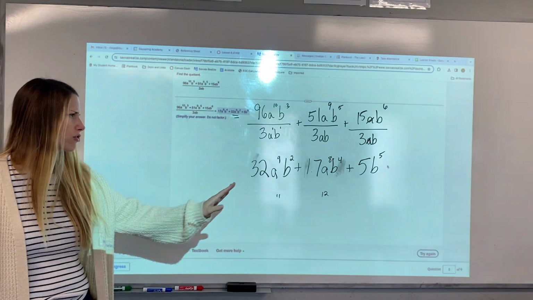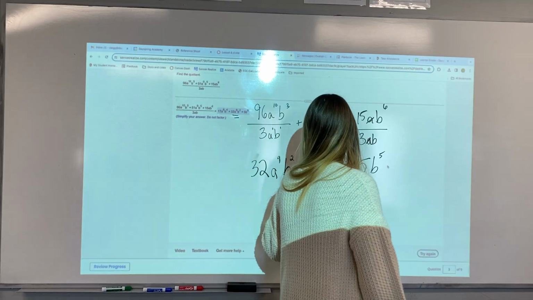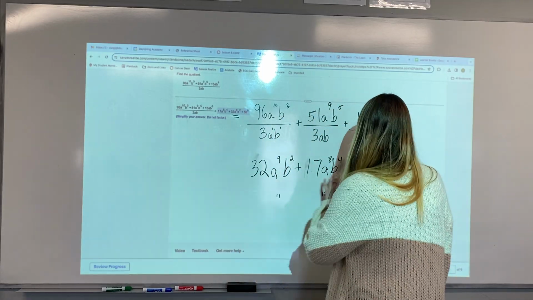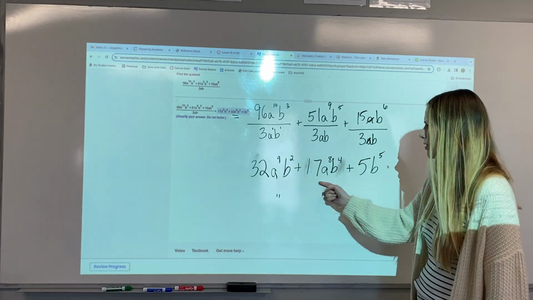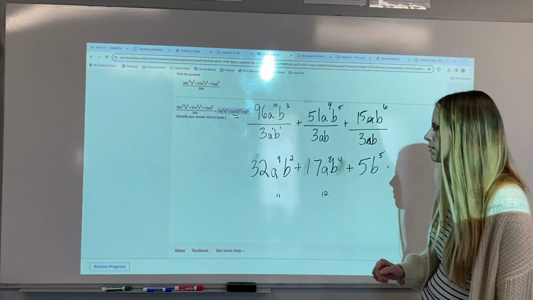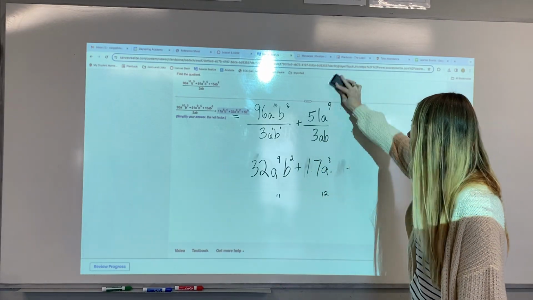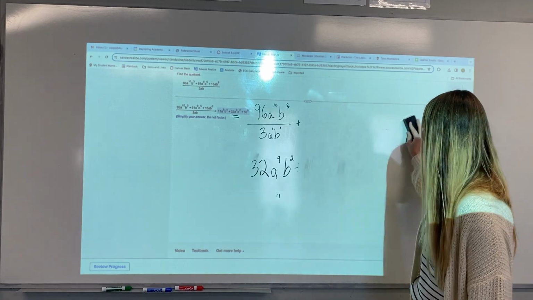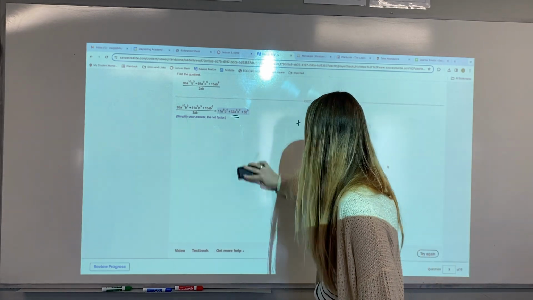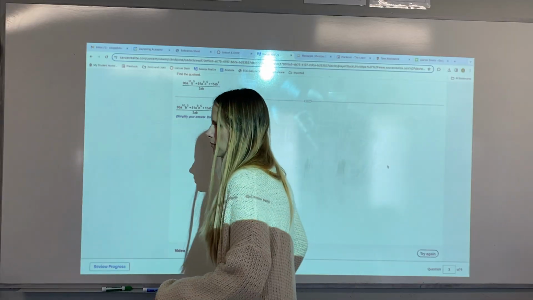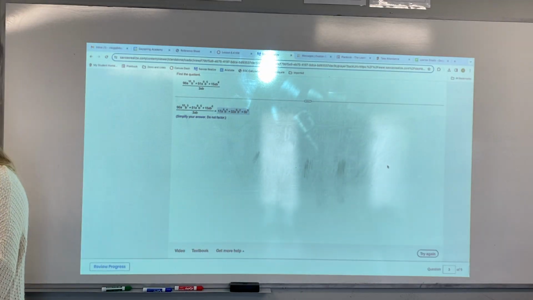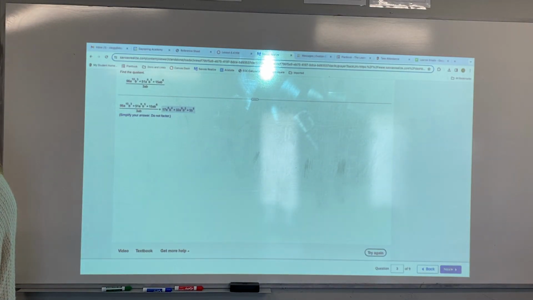I put it in the correct order with the 17 term first, then this, and then that. I have a feeling that if you put it in this order, it would still accept it. But it's technically supposed to be in order of the highest degree first. But isn't that nice that they're accepting all versions?